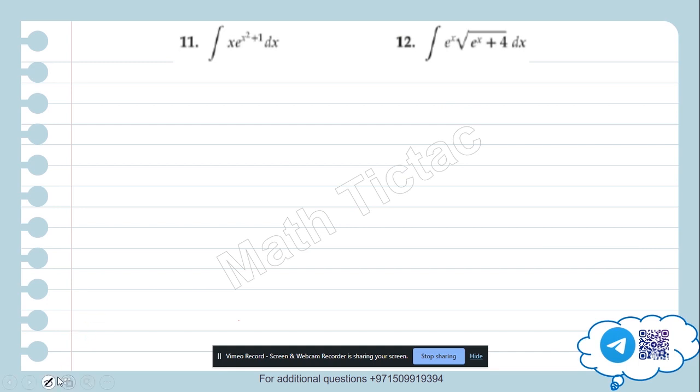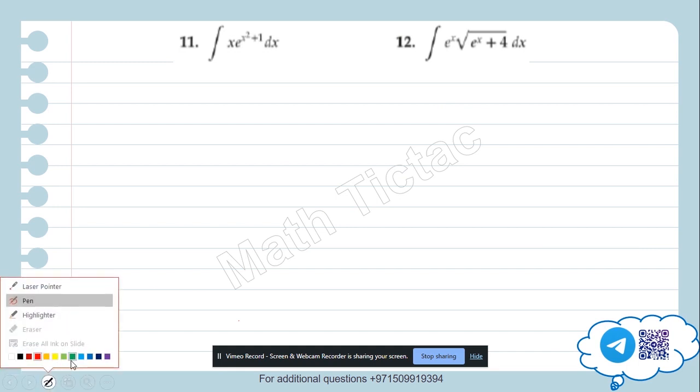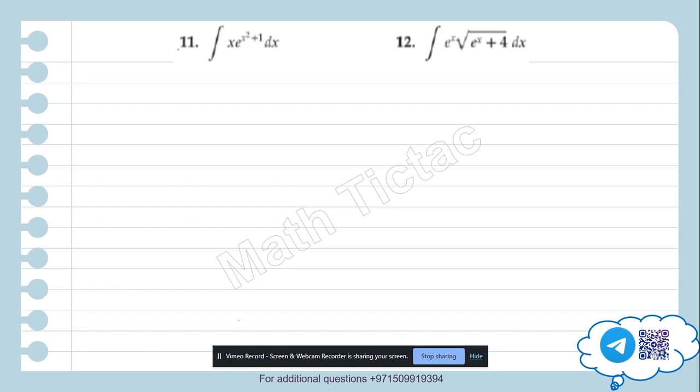So let's move to question 11 directly. This is question 11. Here, the derivative of x squared plus 1 is 2x, so we can find x. Part of this function we can find its derivative.